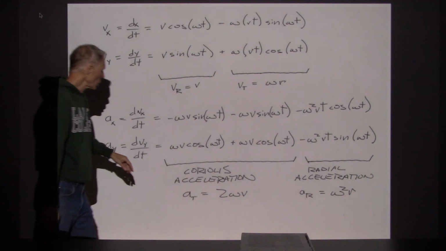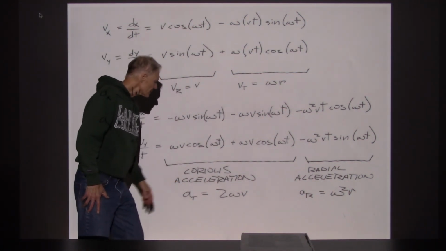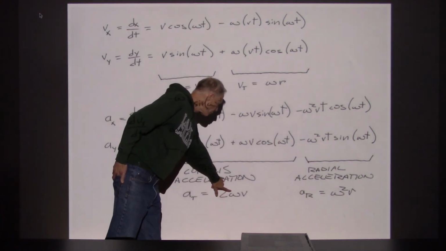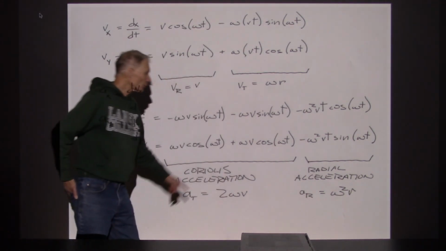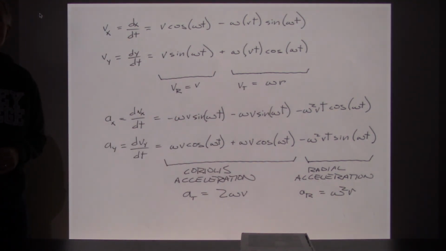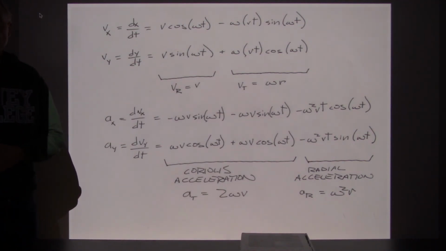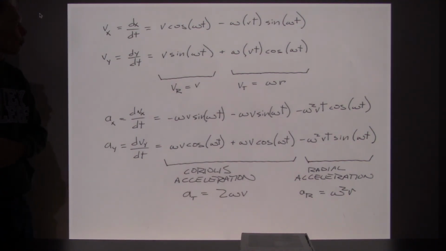But what we're able to show is that the tangential acceleration is equal to 2 times omega times v. The radial acceleration also drops out, so the radial acceleration that we've been using now since chapter 5, that shows up as r omega squared. That's the same thing as v squared over r.